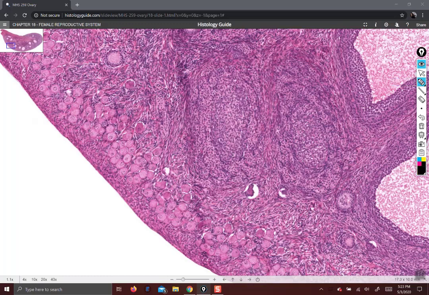Primordial follicles, and I'm going to write this over here. Primordial follicles have one primary oocyte and one layer of surrounding cells.